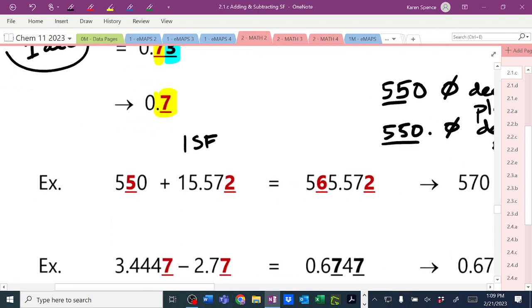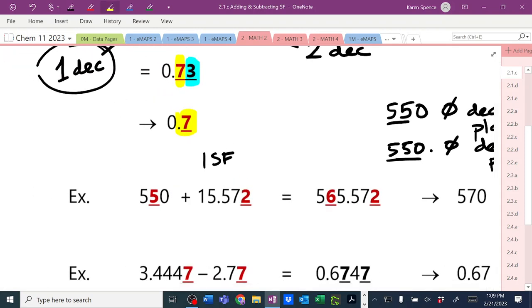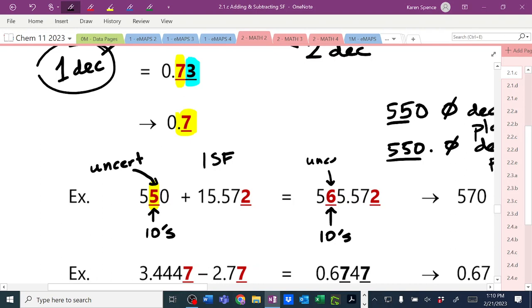550, 2 sig figs, which means that our uncertain digit is that middle 5. Which means that that is in our tens position. So we will have an uncertain digit in the tens position in our answer. We also have uncertainty in the thousandth position in our second number.